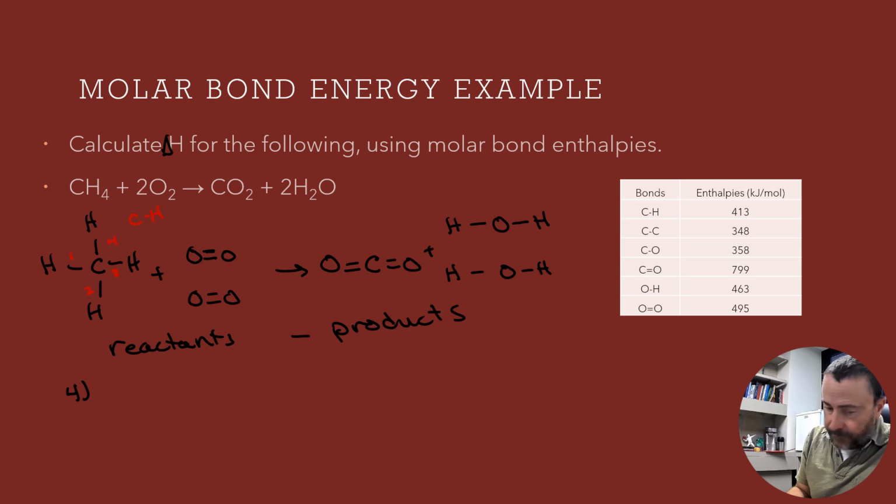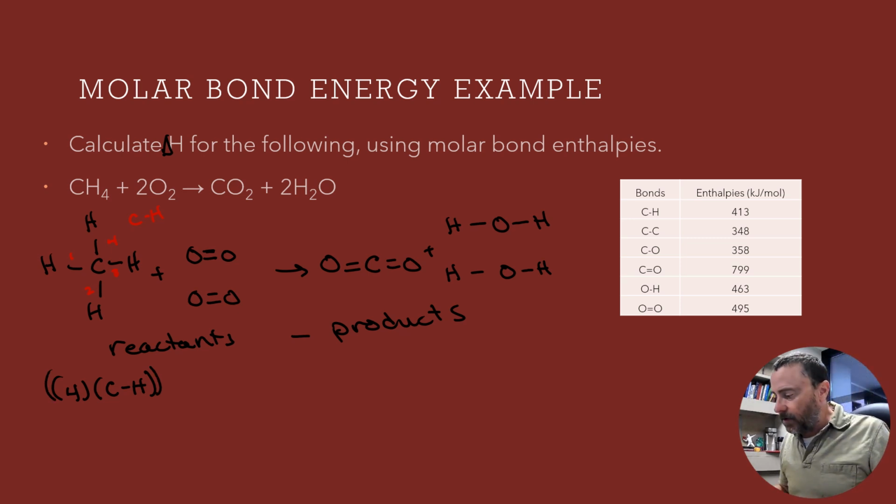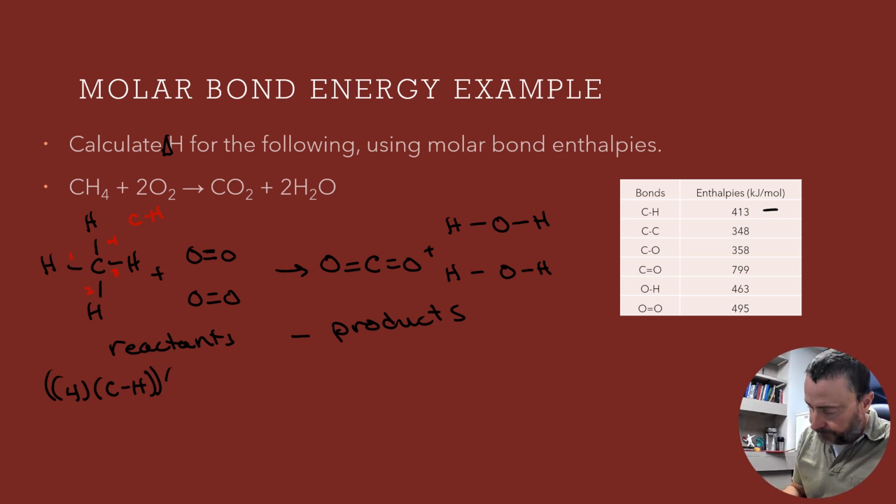So there are 4 carbon to hydrogen bonds, and we look over there in the table and we're given an enthalpy of 413 kilojoules per mole. So I'm going to multiply the 4 times 413 kilojoules per mole.